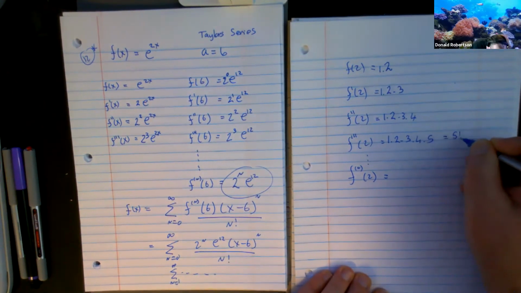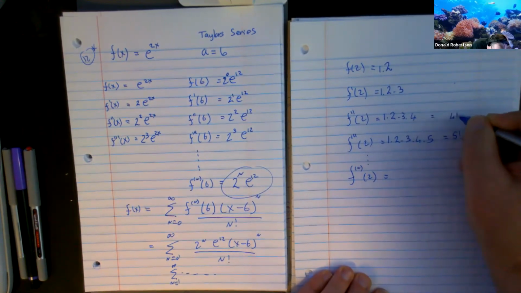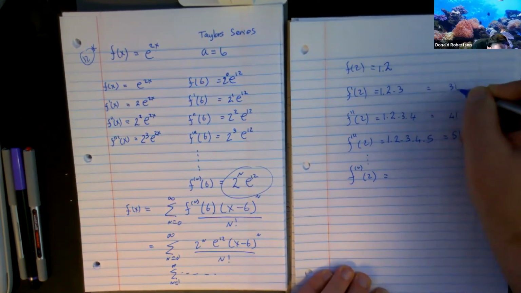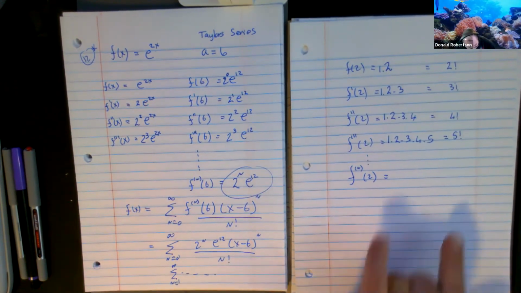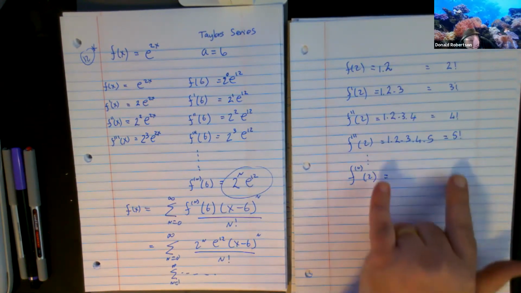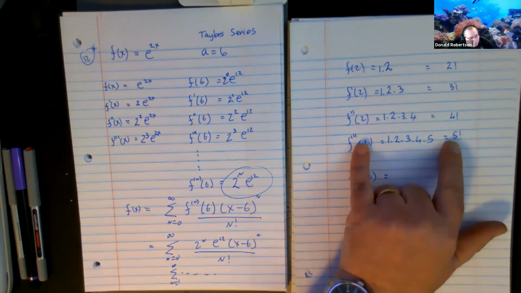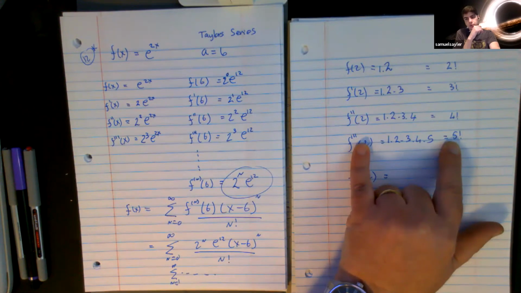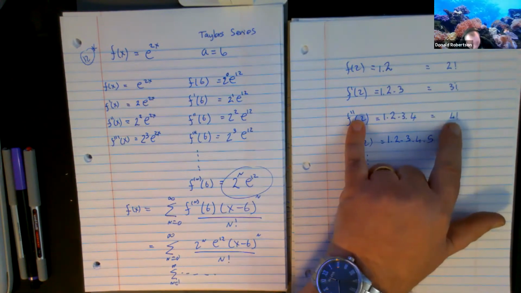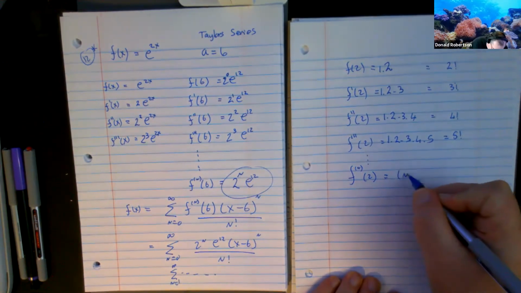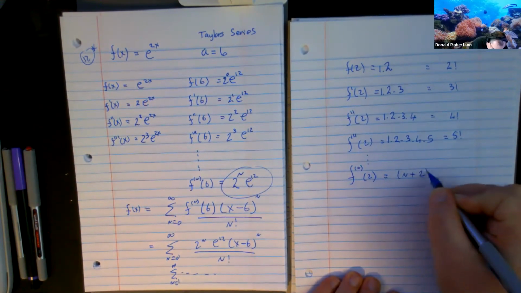Wouldn't this be 5 factorial? This would be 4 factorial. This would be 3 factorial. And this guy would be 2 factorial. So you're right about the factorial. But is it n plus 1? N plus 2. Right. Have you noticed that the third derivative gets you 5? The second derivative gets you 4. So this would be n plus 2 factorial.